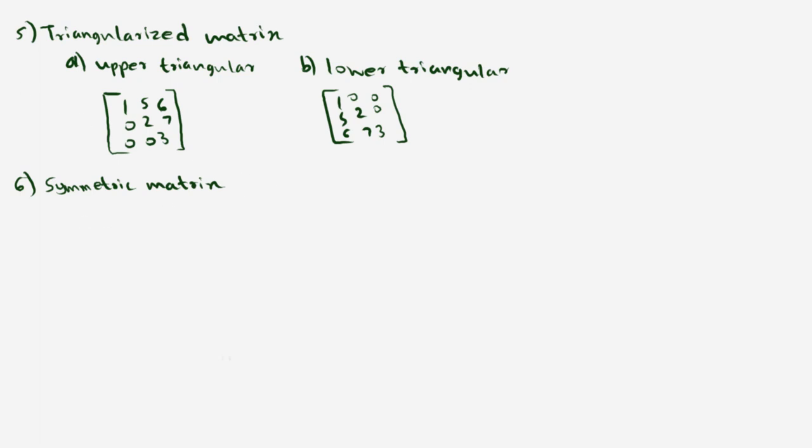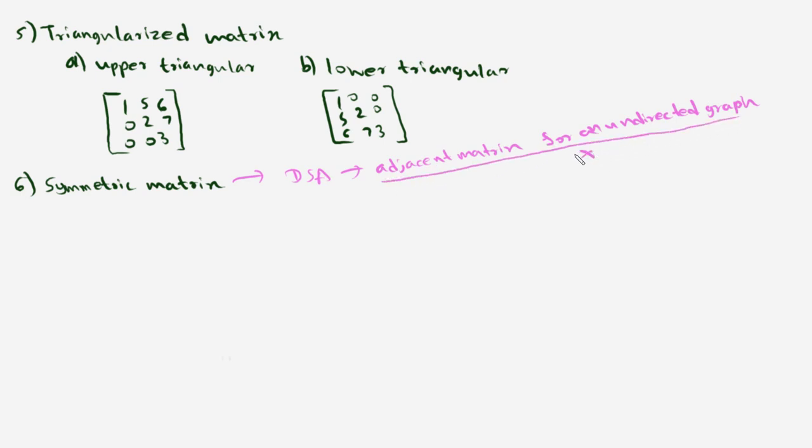If you are familiar with data structures and algorithms, we use this symmetric matrix to represent an adjacency matrix for an undirected graph. Those are just computer science aspects. If you are not familiar with computer science, just ignore this fact. But if you are familiar with computer science, then you must know this.